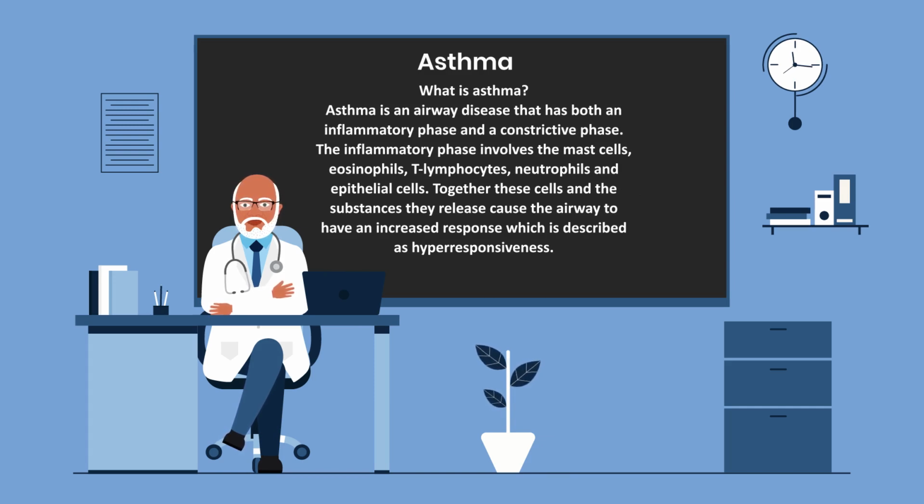Asthma is an airway disease that has both an inflammatory phase and a constrictive phase. The inflammatory phase involves the mast cells, eosinophils, T lymphocytes, neutrophils, and epithelial cells.